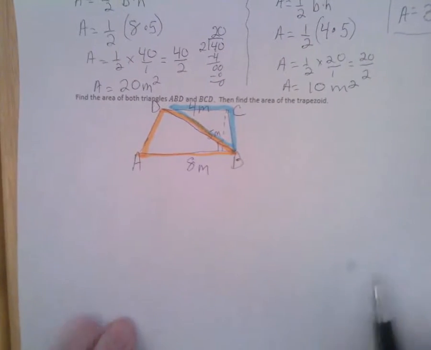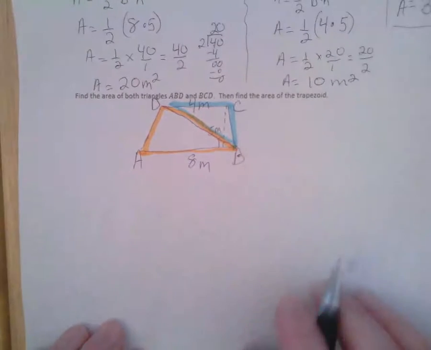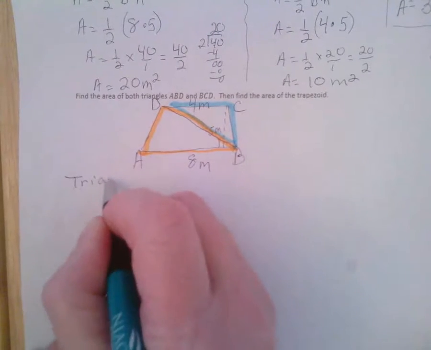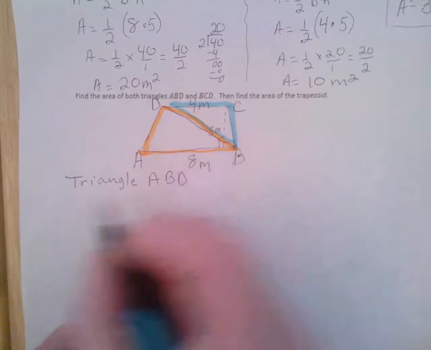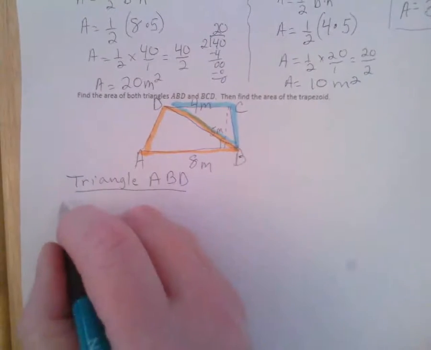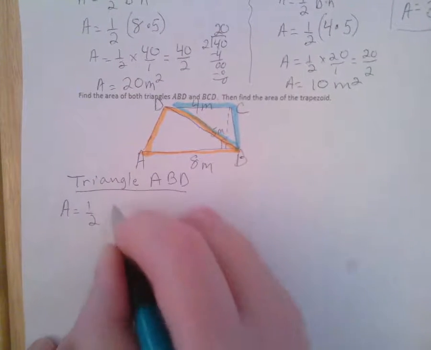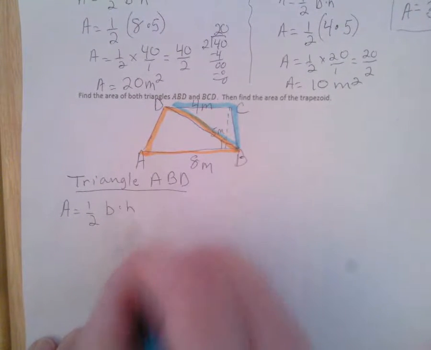We're going to find the area of each one. So let's do triangle A, B, D. Our formula is 1/2 the base times the height.